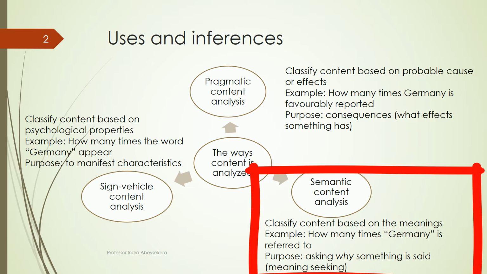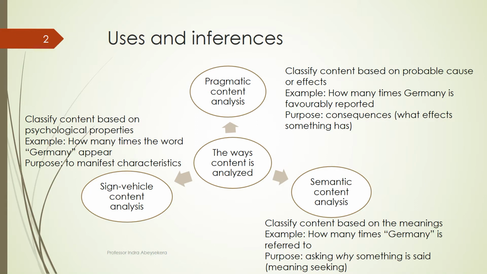The purpose is asking why something is said. In semantic content analysis, the analysis of the content is to seek meaning. Here, it is seeking the meaning of Germany in the content.